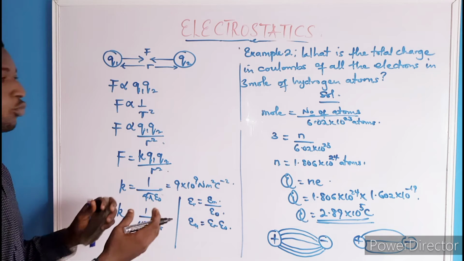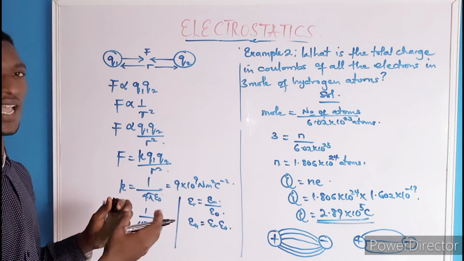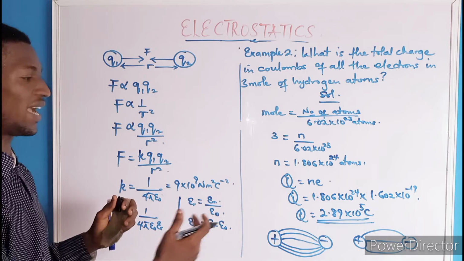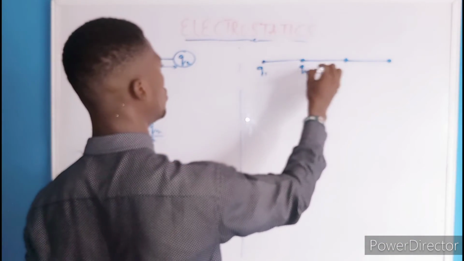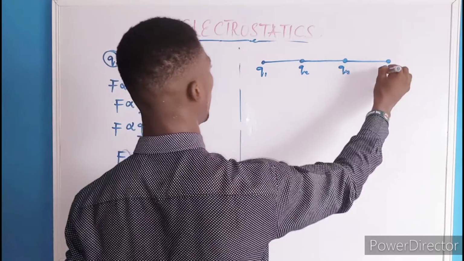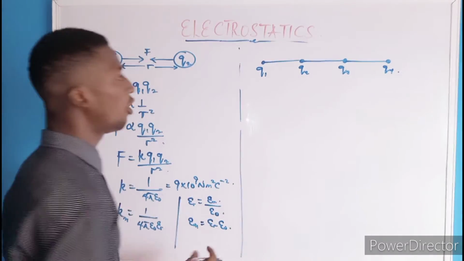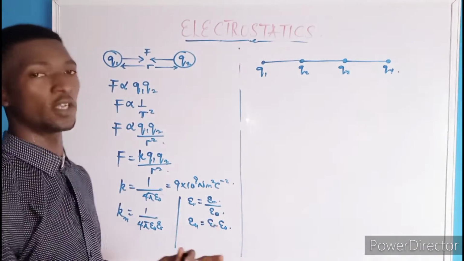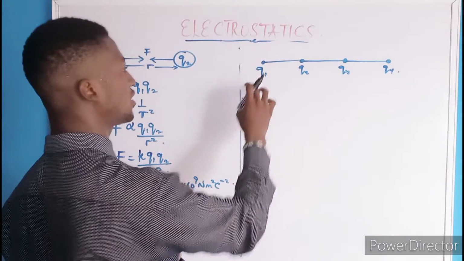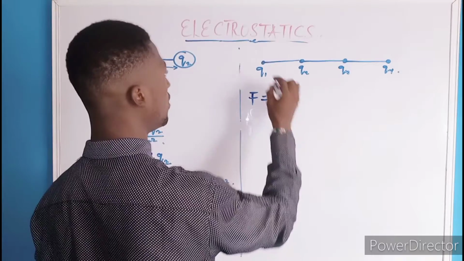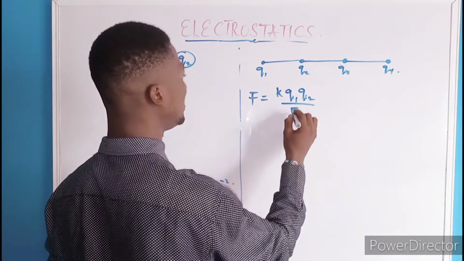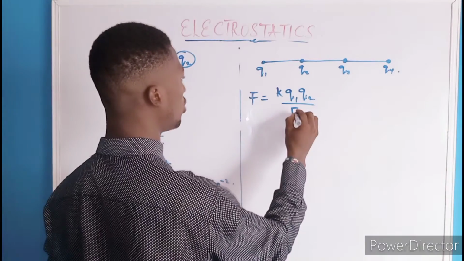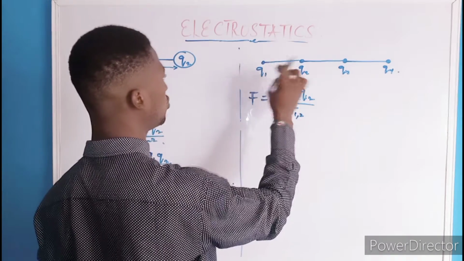Okay, with respect to this now, I have several charges along a straight line. And in this case, we can be asked to determine the electric force that exists between them. We can have Q1, Q2, Q3, and as well Q4. Now we have a reference charge with respect to all of this, and the reference charge can be taken to be Q1. So we have K in bracket, Q1 Q2 over the distance between Q1 and Q2, so I'll just write R 1 2 because it's between 1 and 2.